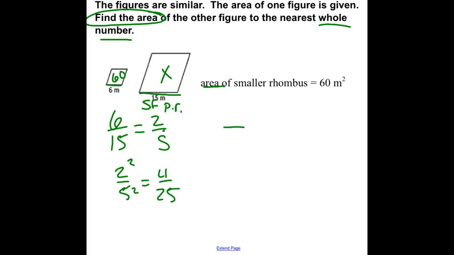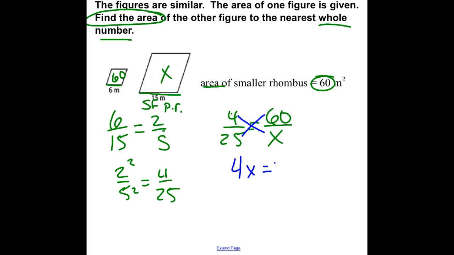4/25. Now I'm actually ready to set a proportion. This 4/25 is going to be part of it. It goes from the smaller to the larger rhombus, because they're smaller to larger number. And I have the area of the smaller, so I put the smaller here. What I don't know is the larger there. And then after this point, I just cross multiply and I solve. I get 4x equals whatever 25 times 60 is.